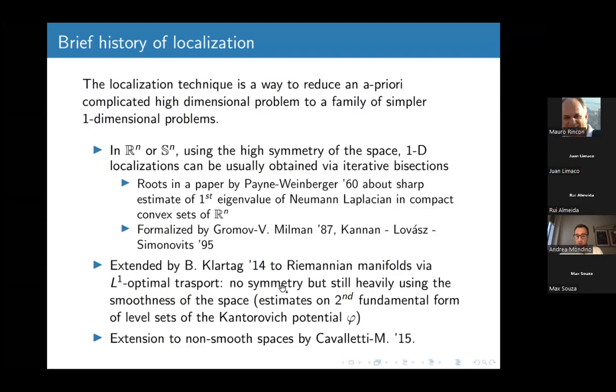So together with Cavalletti, we extended this L1 optimal transport approach to localization to possibly non-smooth spaces with lower bounds on the Ricci curvature in a synthetic sense via optimal transport.